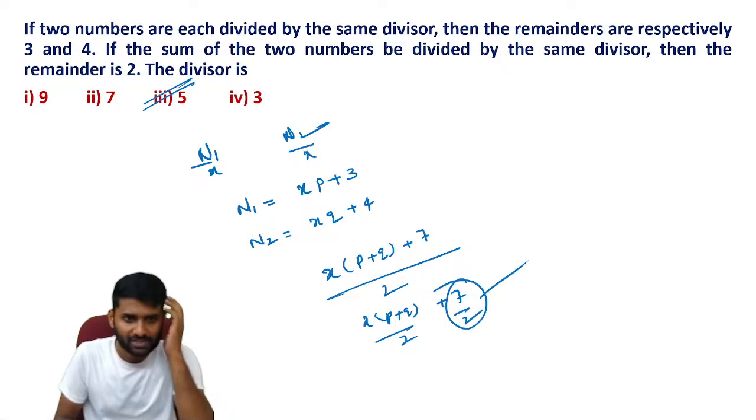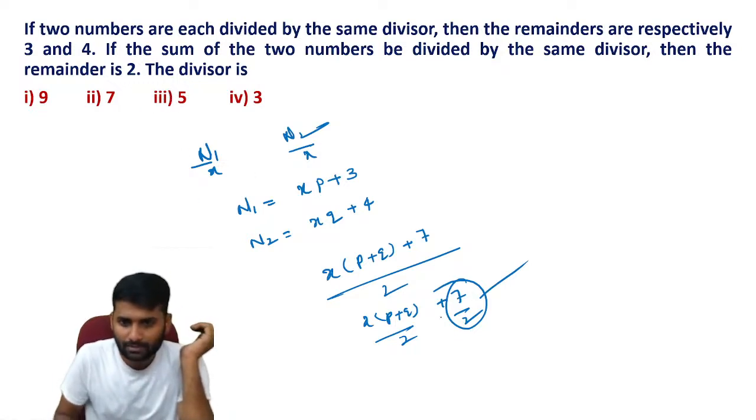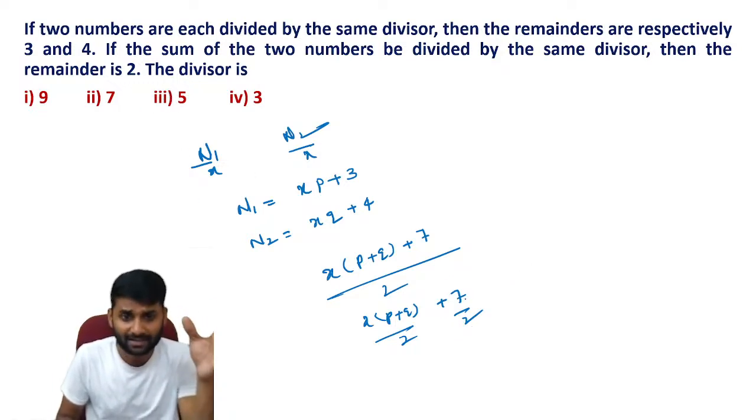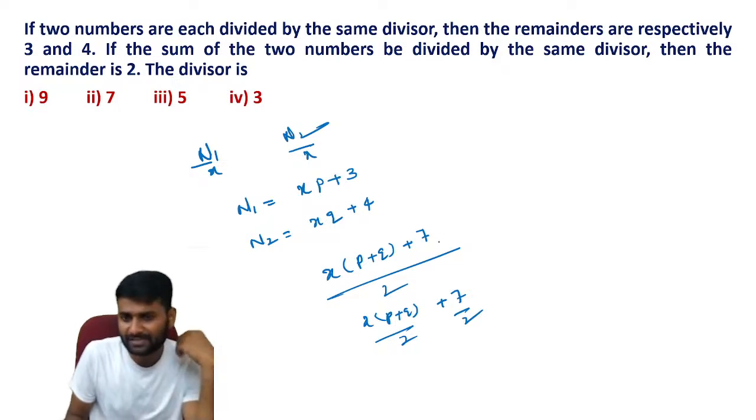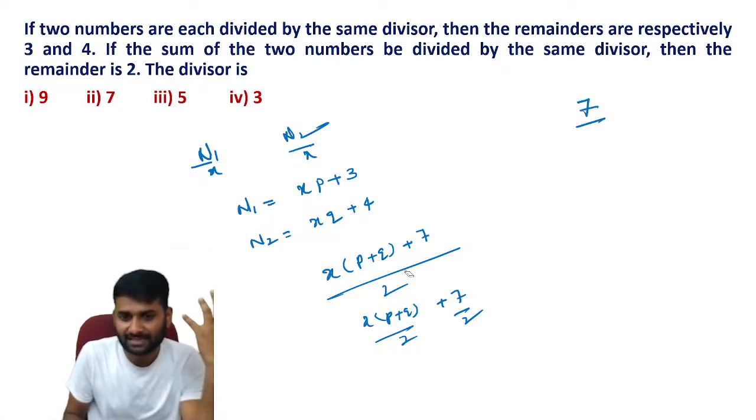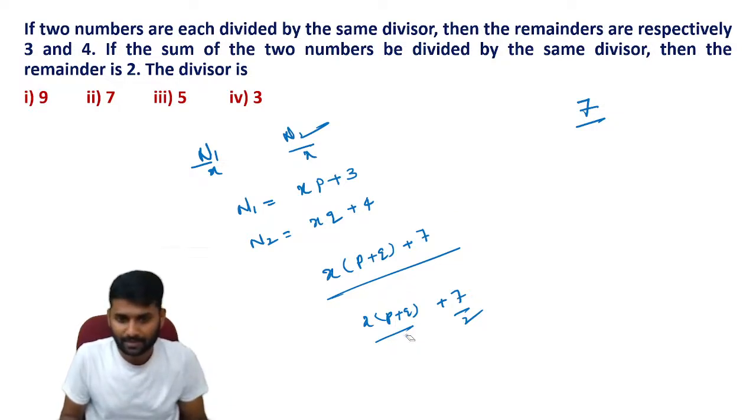But here the question is not about the remainder, they are talking about the divisor. They clearly mention that it leaves remainder 2 if 7 is divided by a certain number. Give me a second, let me explain once again.